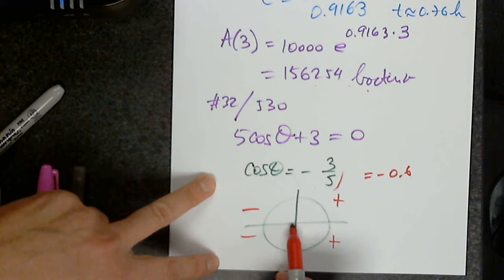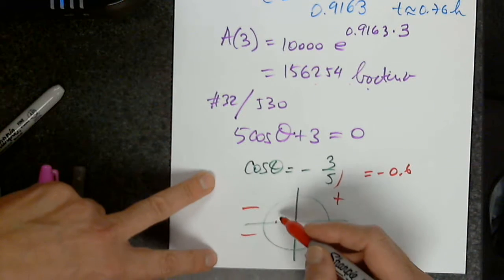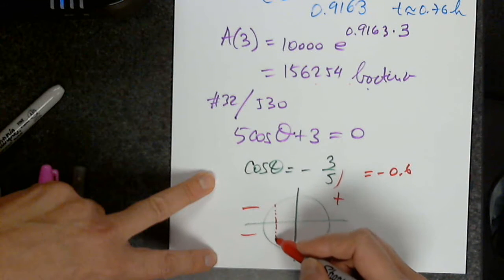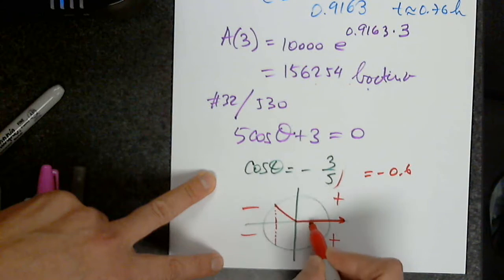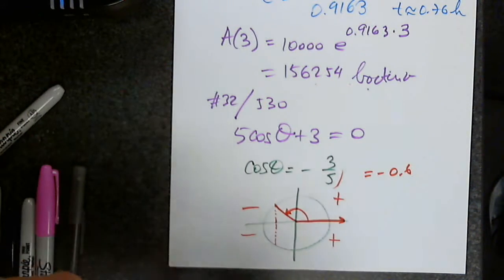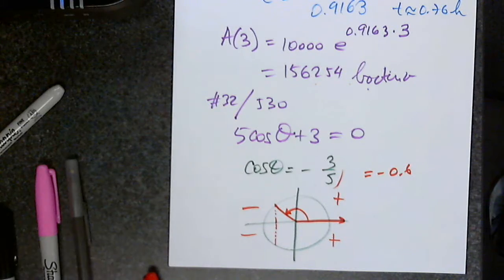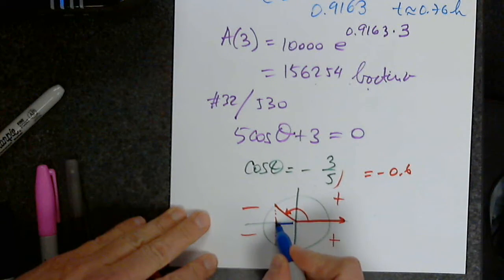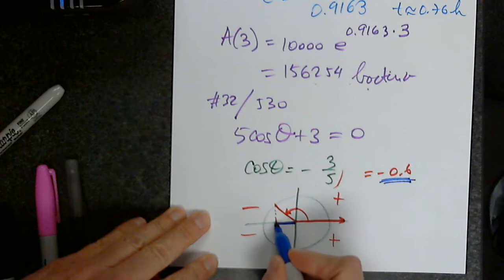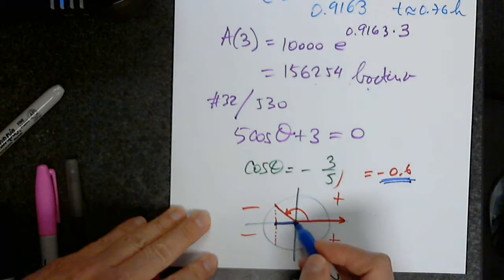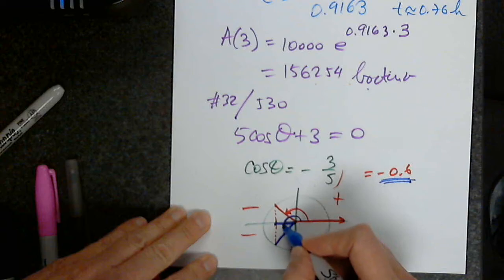So if this is negative 1, negative 0.6 will be somewhere here. So one angle is this. They both have to have the same cosine, and this is the negative 0.6. This is their cosine. This number is this piece from here till here. And here's the second angle.